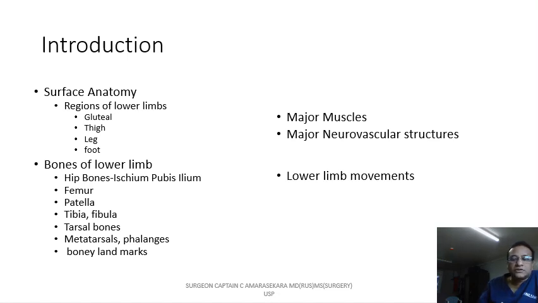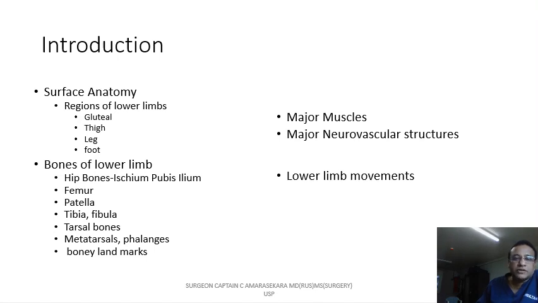osteology. In the lower limb, we can divide it into four regions as per the surface anatomy: gluteal, thigh, leg, and foot. In osteology, in the upper part we will encounter the thigh bone, the femur, the longest bone.